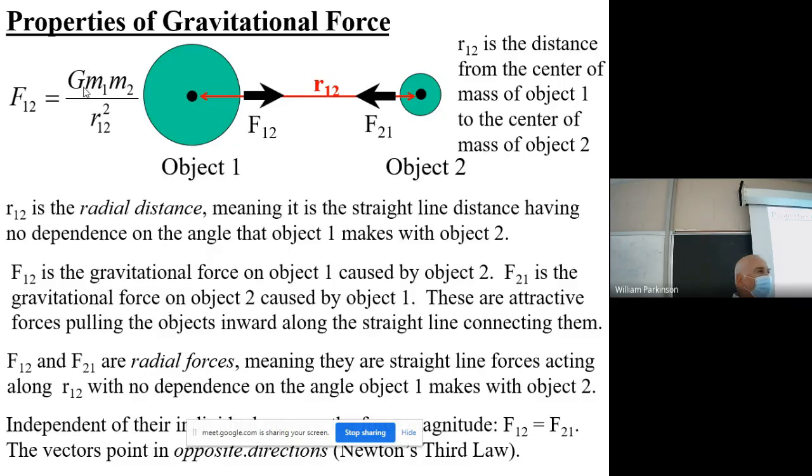But the difference is my mass is way different than the Earth's mass. The acceleration is found from F equals ma, so a equals F over m. I have to divide the force by my mass to get my acceleration. Big pull on me divided by my tiny mass means big acceleration by me.